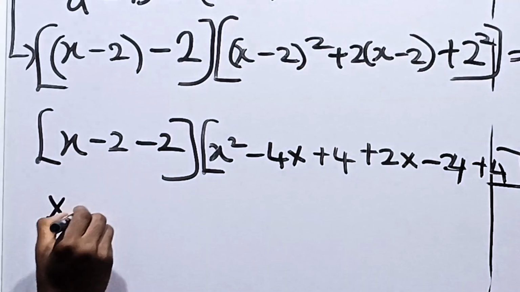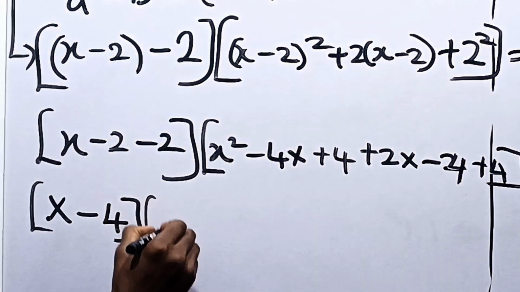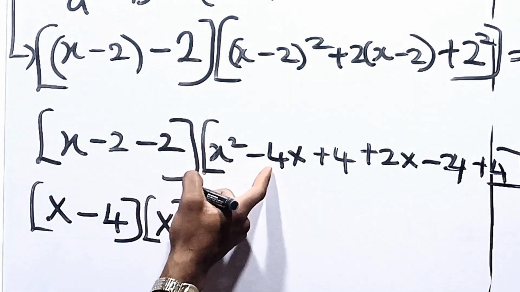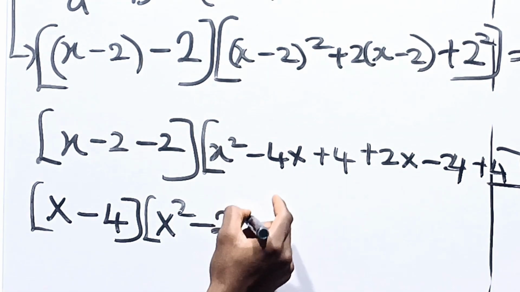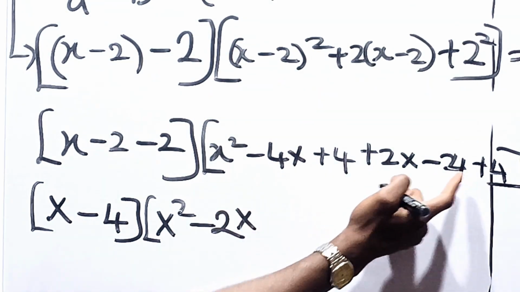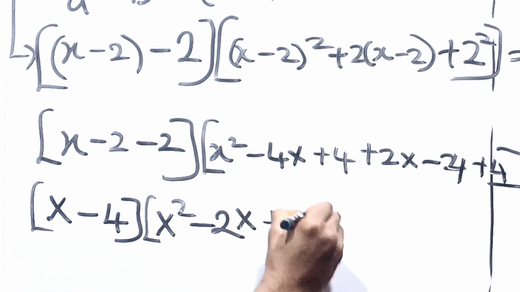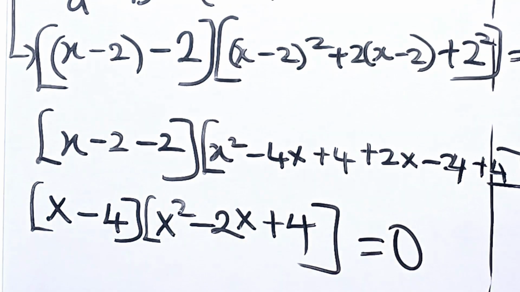So we have (x - 4) multiplied by x^2, minus 4x plus 2x is minus 2x, okay? 4 plus 4 is 8 minus 4 is 4, so we have plus 4, alright? And this is equal to 0 like this.